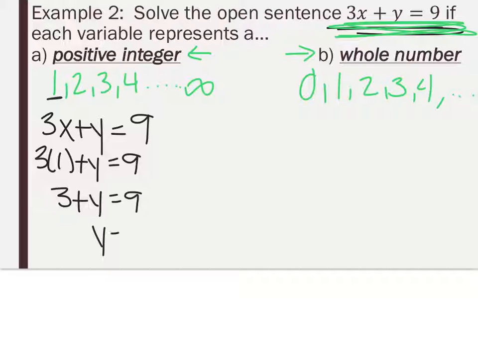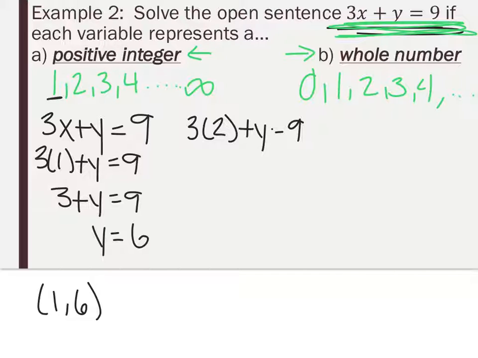So in this case, y is equal to 6. So this point works. This is one possible answer to this problem. Let's try the next positive integer, which is 2. 3 times 2 is 6. I subtract, and y is equal to 3.